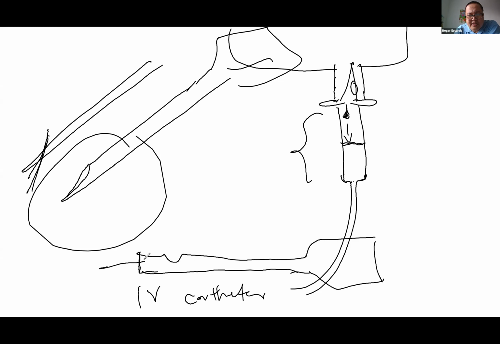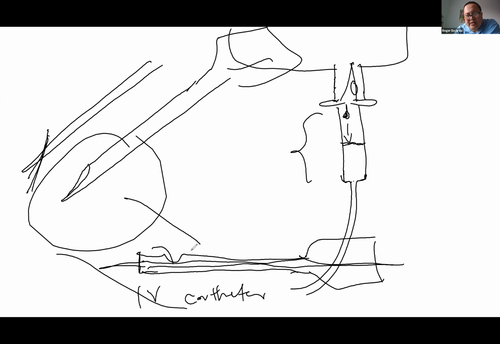There's a needle here that you need to insert the catheter. So when you pierce the vein, let's say this is the vein, blood enters here and then enters the flash chamber. It indicates that you have entered the vein.